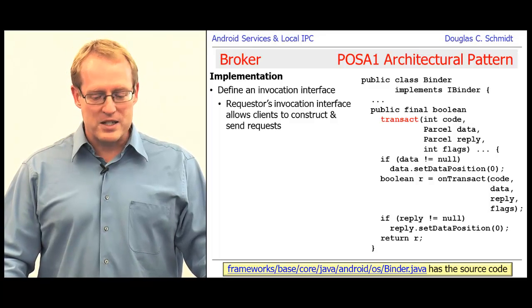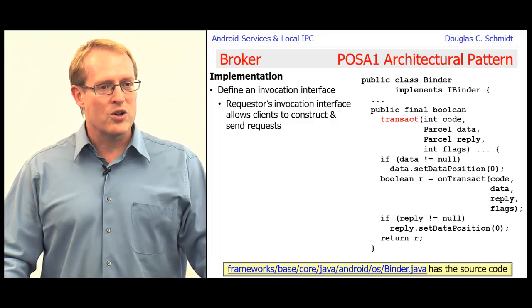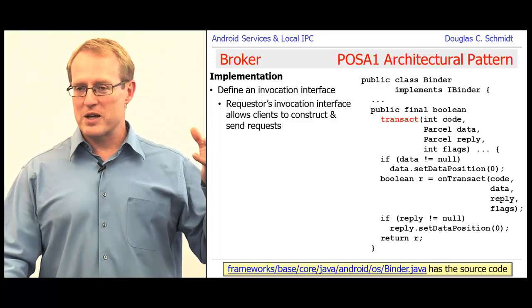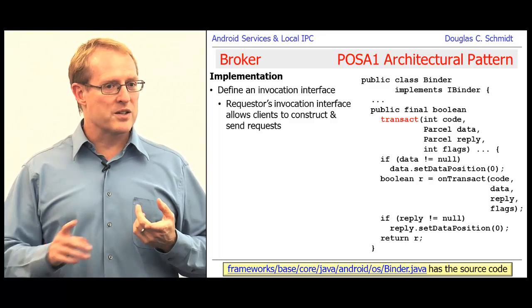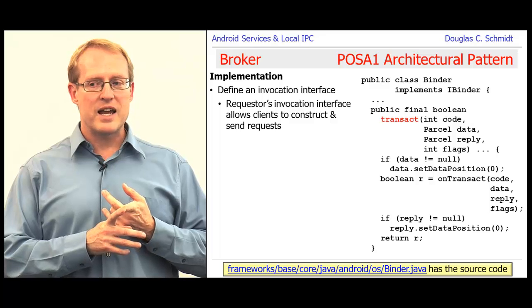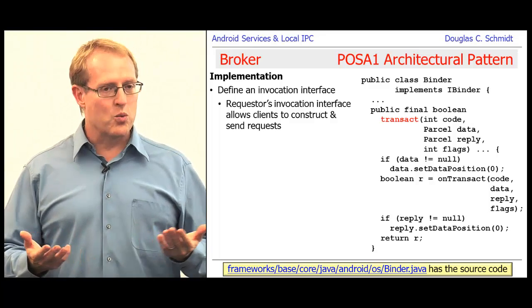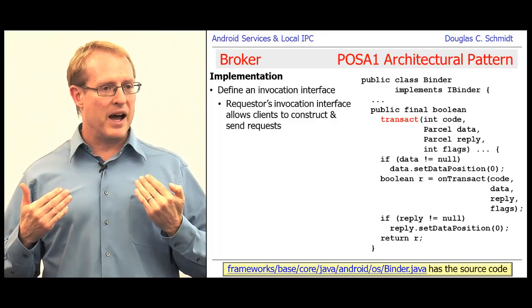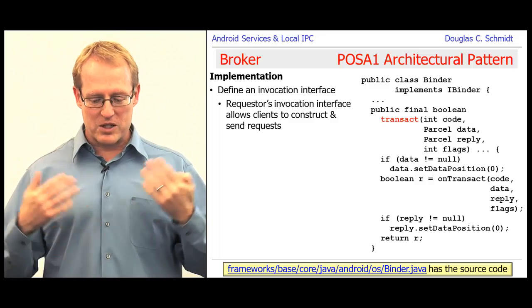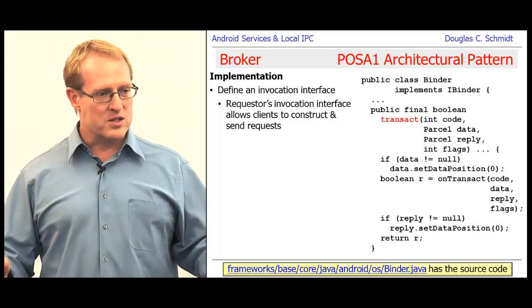But basically, it provides a method called transact, and you call transact with the code, which is basically the method that you're calling, as well as a parcel that contains the data that you want to have sent to the server, as well as how you want the reply information to come back. And so that information plus some other flags are actually used to send the data.